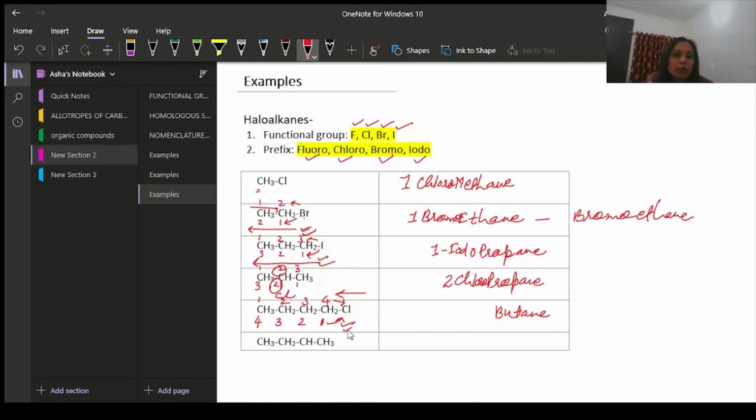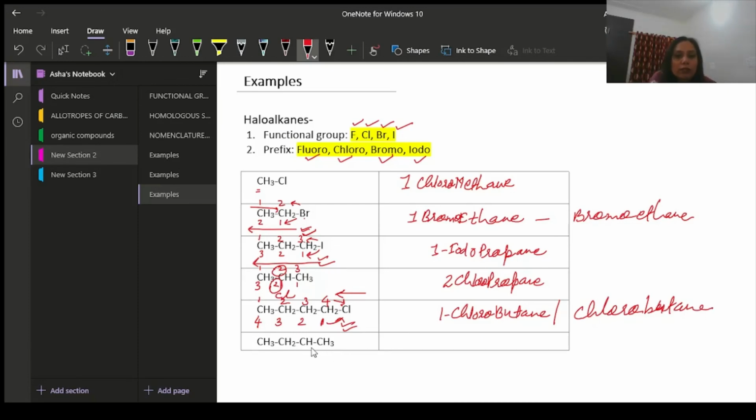So obviously we are going to take this numbering. So it will become 1-chlorobutane, right? Or you can simply say it as chlorobutane. Both of them are correct because we never write position for the first one. So it will be chlorobutane.